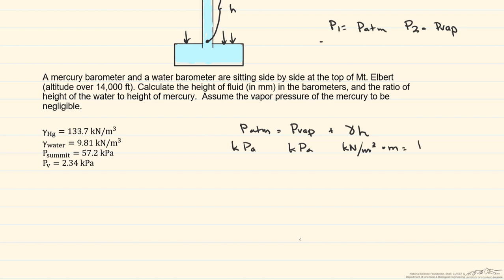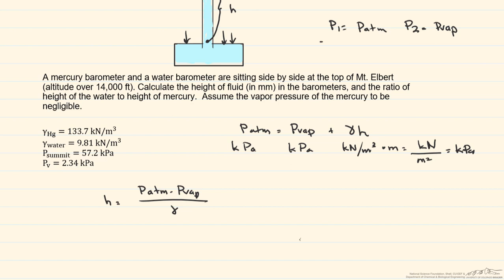So this is equal to kilonewtons per meter squared, which is equal to a kilopascal. Now we rearrange our equation for hydrostatic pressure so that we can find the height. H is going to be equal to P atmosphere minus vapor pressure divided by the specific weight.